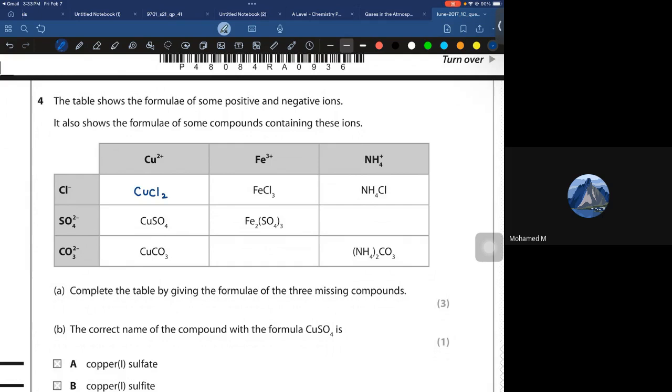And then the next one would be (NH4)2SO4. It's ammonium sulfate basically. Then, iron reacts with carbonate, so it would form iron carbonate.